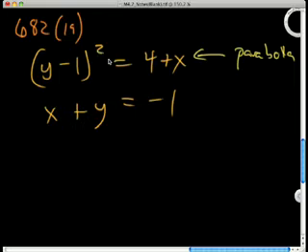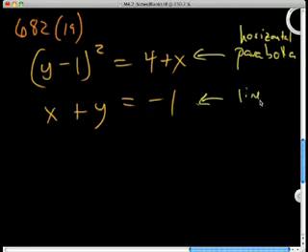And because it's the y that's being squared, I'm expecting this to be a horizontal parabola. And this equation, I would hope you guys can recognize, is a line. I could even solve for y: y equals negative x minus 1. That would be a very nice equation of a line.